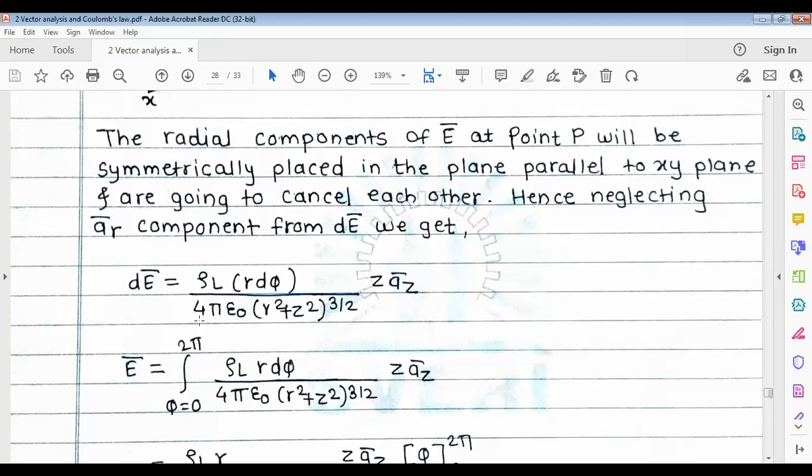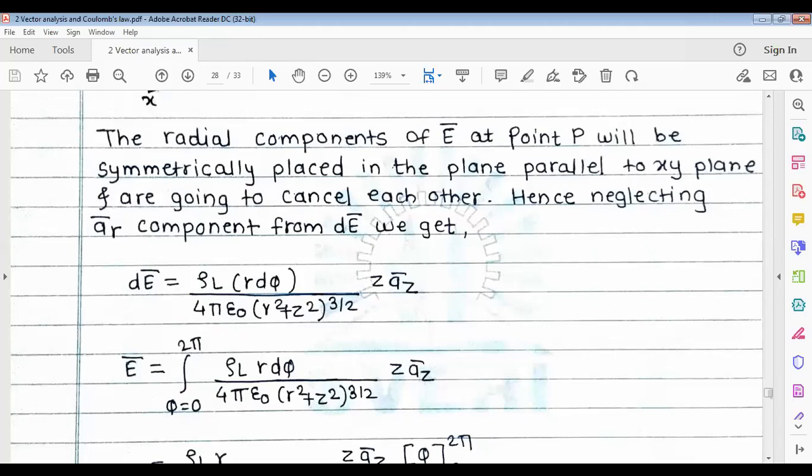So dE bar is equal to rho L r d phi divided by 4 pi epsilon 0 r square plus z square raised to 3 by 2, and the remaining is only the z component, that is z into a bar z.